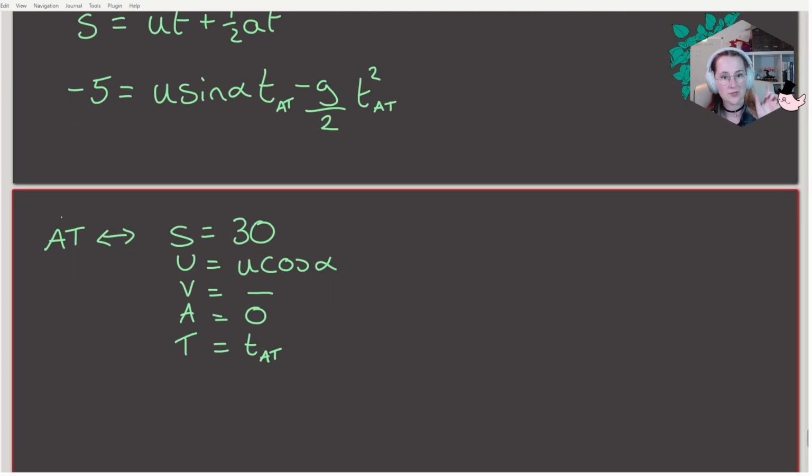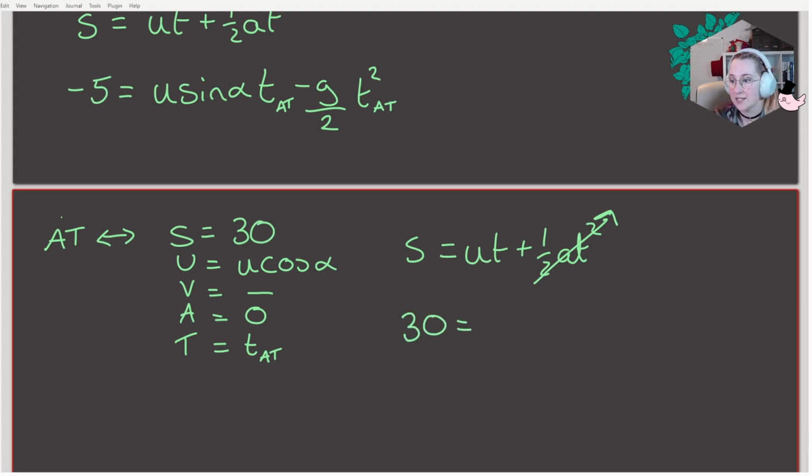I'm about to do some t's from A to B that are a different amount of time, but this is specifically the time it takes to go from A to B. So, same equation. The acceleration is 0, so that goes away. So we have 30 is u cos alpha t_AB. Or more specifically, t_AB is 30 over u cos alpha.